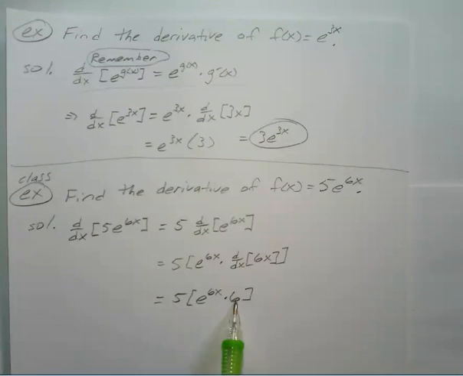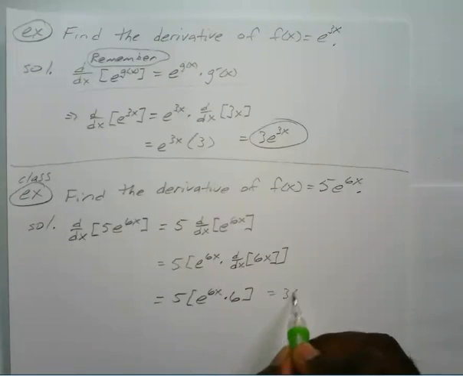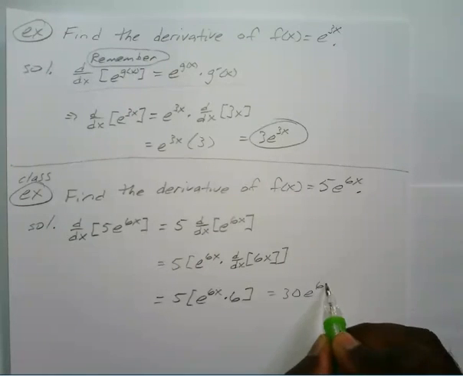That gives you 5 times 6, which is 30. That's 30 times e to the power of 6x.